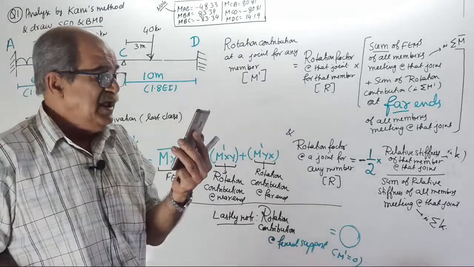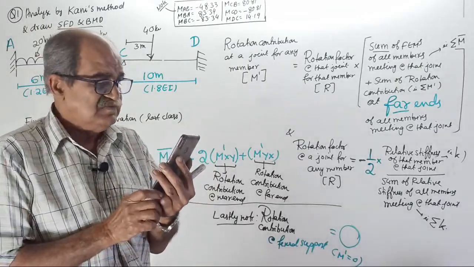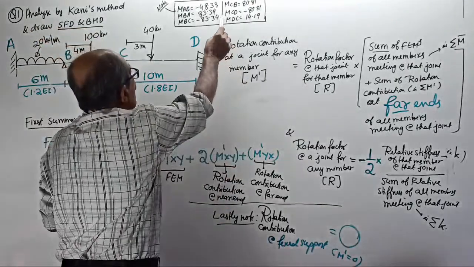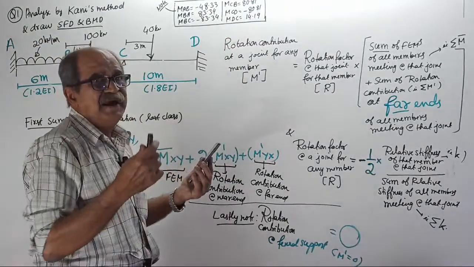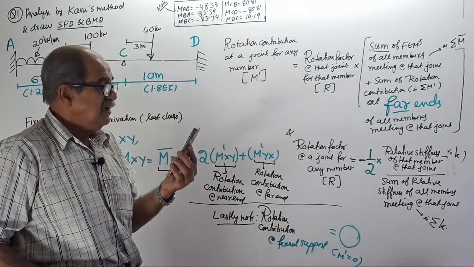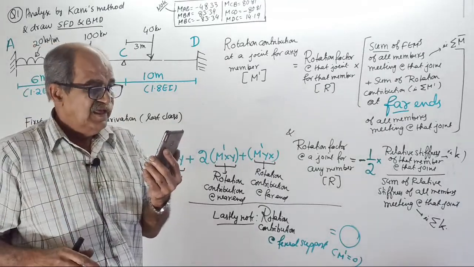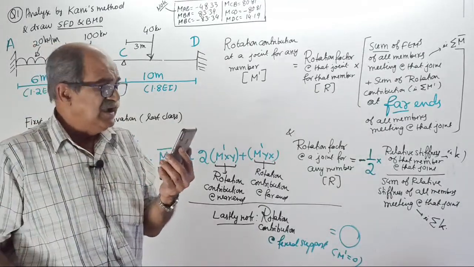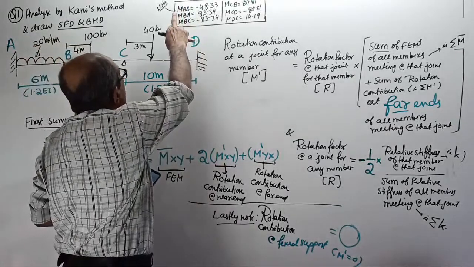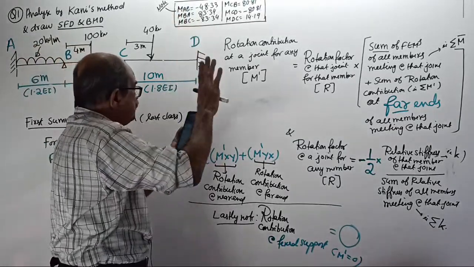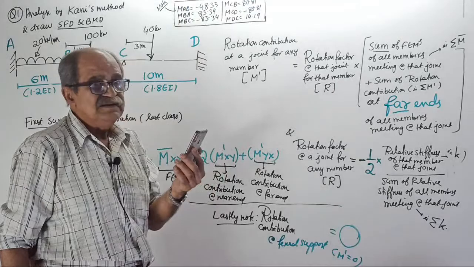This is the result we got by the SD method and MD method. Is the result I wrote correct? Just check it fast and tell me. You have to comment a little faster. The moment you hear, comment immediately. See, this is the last step today. Is it correct?